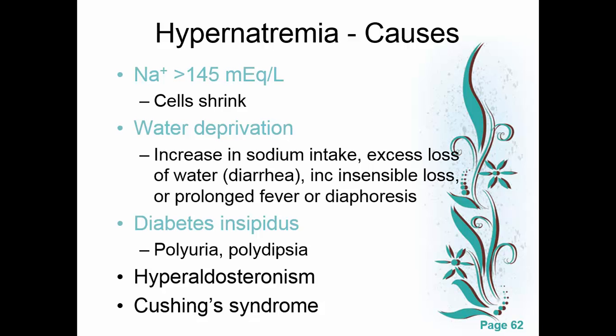Hypernatremia is not a problem in an alert patient that has access to water and can sense thirst and is able to swallow. Hypernatremia secondary to water deficiency is often a result of impaired level of consciousness or an inability to obtain fluids. And some people may fast for religious purposes that put them at risk for hypernatremia.